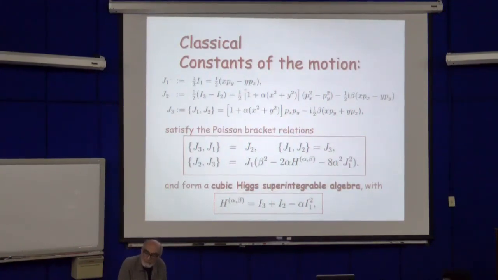And do those correspond to some quantum number in the corresponding quantum cases? Well, angular momentum J1 is, for system 1, clearly related. For the others, I'm not that sure how you can visualize them geometrically.